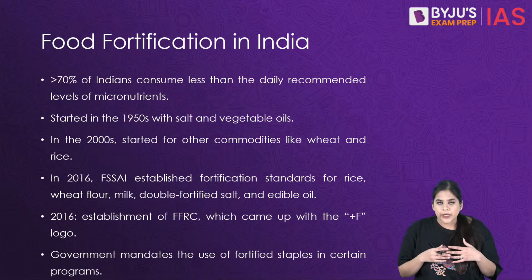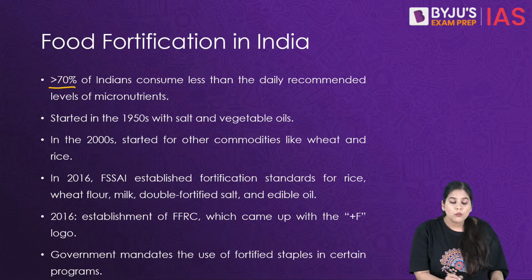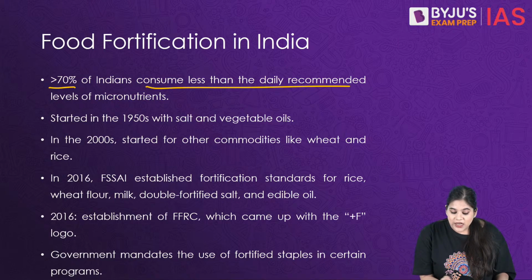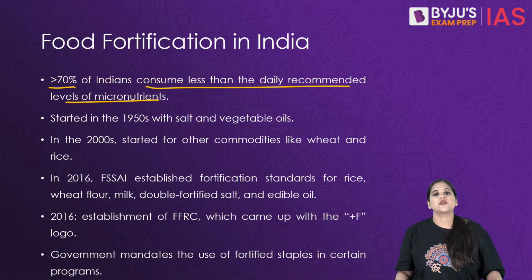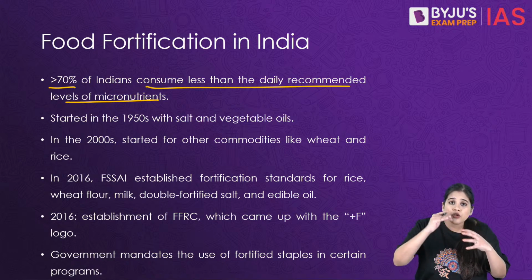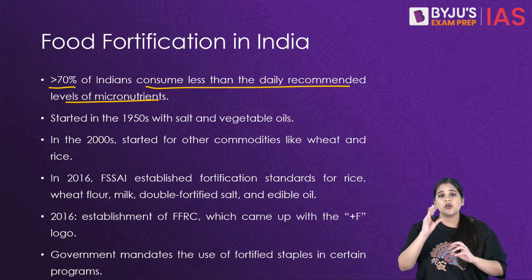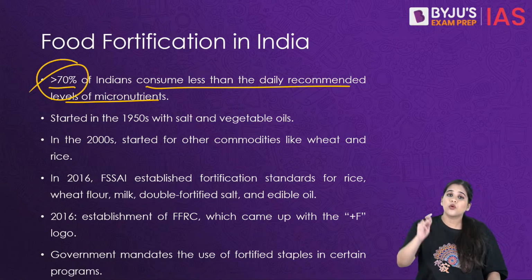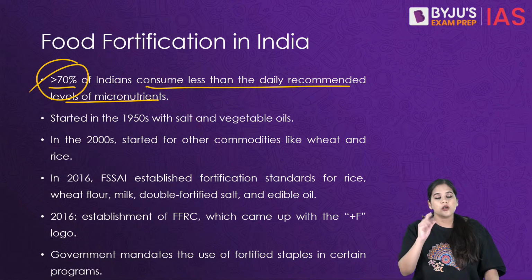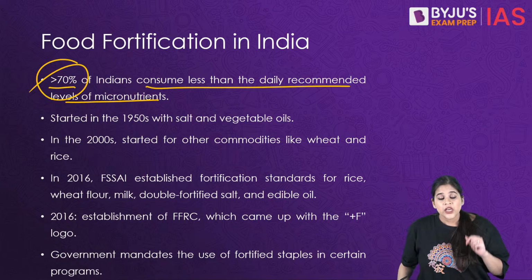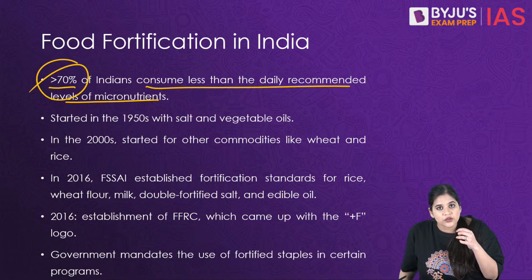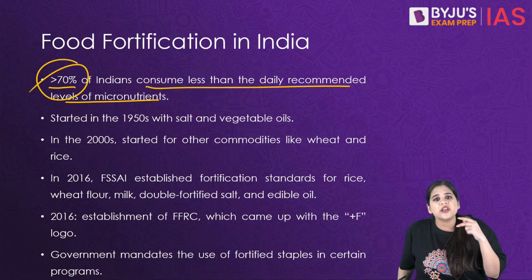Now, what about India? In India, more than 70% of the population consume less than daily recommended levels of micronutrients. This is across all strata. The rich, the poor, the rural, the urban, the young, the old, for everyone, more than 70% of them are not consuming food properly. In fact, in case of very vulnerable sections of society, this micronutrient deficiency is a very major problem.